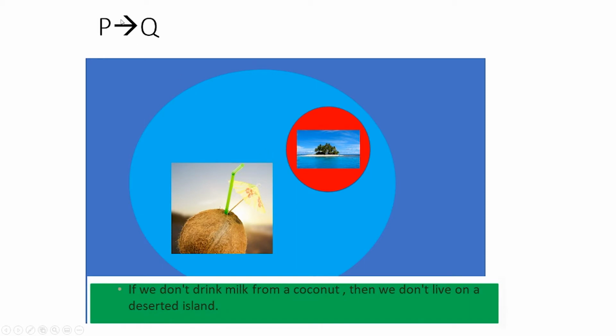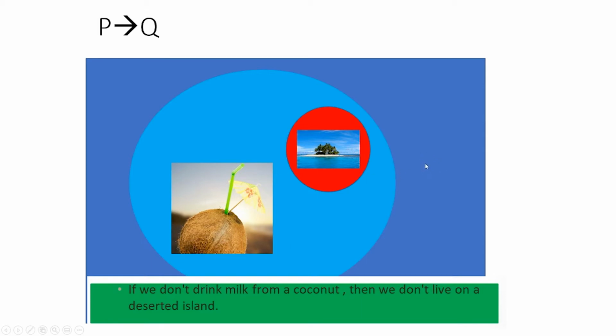So you can basically draw a map of P and Q, of living on a deserted island and drinking milk from a coconut, by drawing living on a deserted island as a smaller circle lying within that bigger circle of drinking milk from a coconut. And then we can imagine us jumping out of a plane and us landing somewhere. And then we've landed somewhere, and we ask somebody, where did we land?